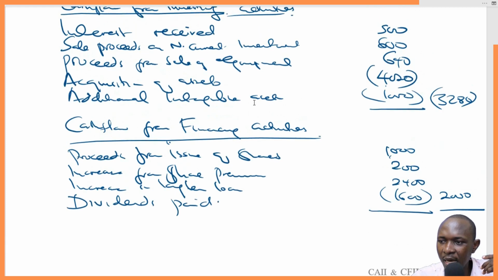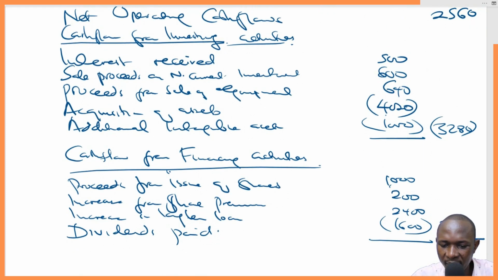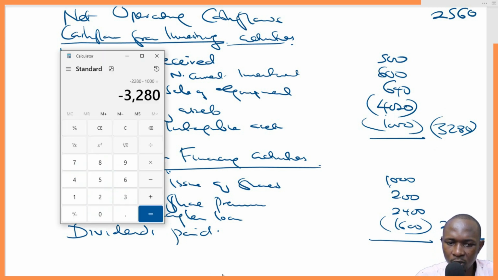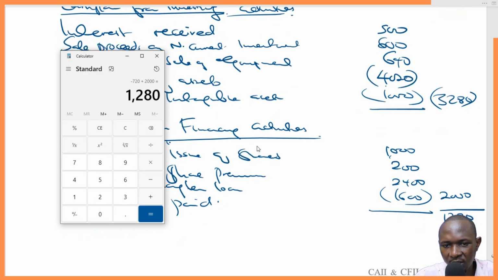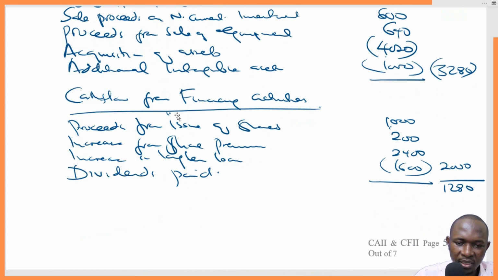So this is 1,236 minus 1,6, that is 2,000 positive. So let's add now all these three and we'll have our answer. 2560 minus 3280, because that's a negative, and after 280 plus 2000, that gives us 1280, which is positive.